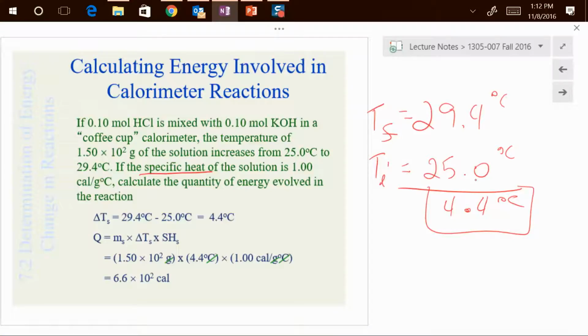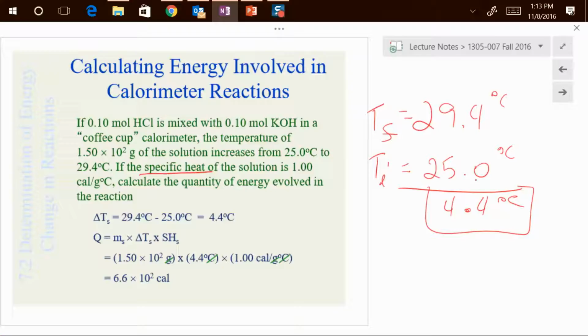It increased temperature, right? So temperature changes are always calculated by final minus initial. So this is a positive temperature change. It's increasing. If it decreased in temperature, that would be a negative temperature change. So for example, if I had started at 29.4 and went to 25, I would reverse these, and then I would say 25 minus 29.4, and I would get a negative 4.4 degrees Celsius.